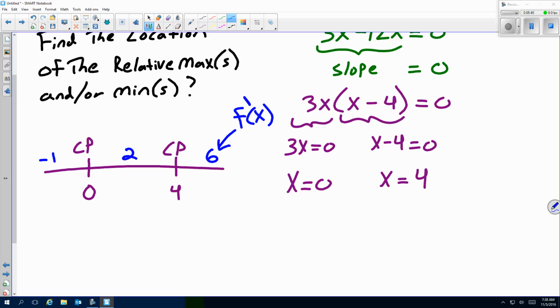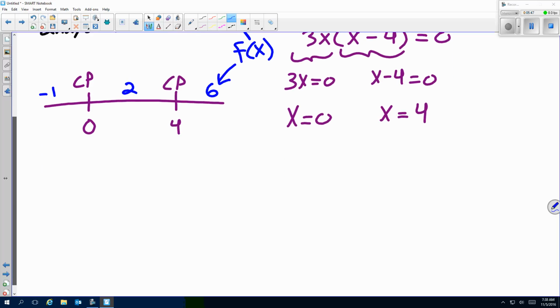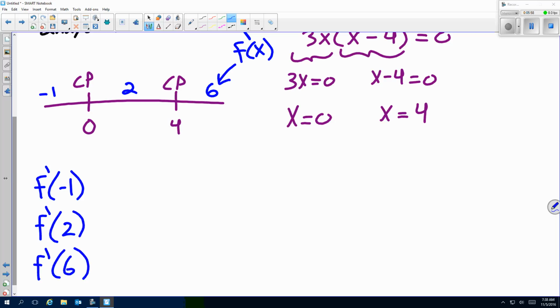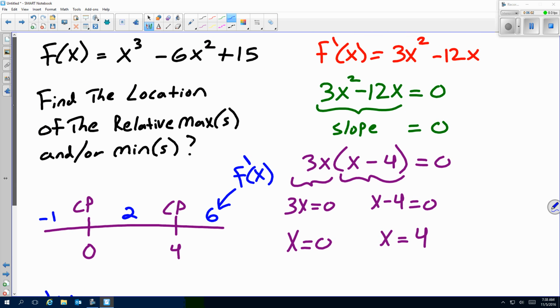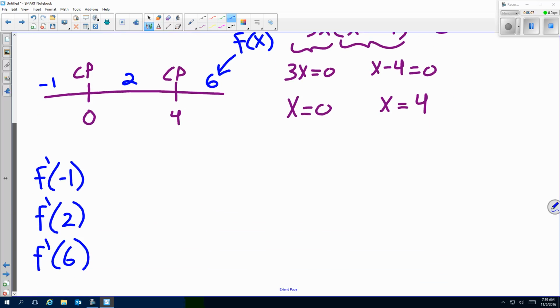Okay? Now, I can come down here and compute f prime of negative 1, f prime of 2, and f prime of 6. Remembering that my f prime equation was 3x squared minus 12x. So let's show that.